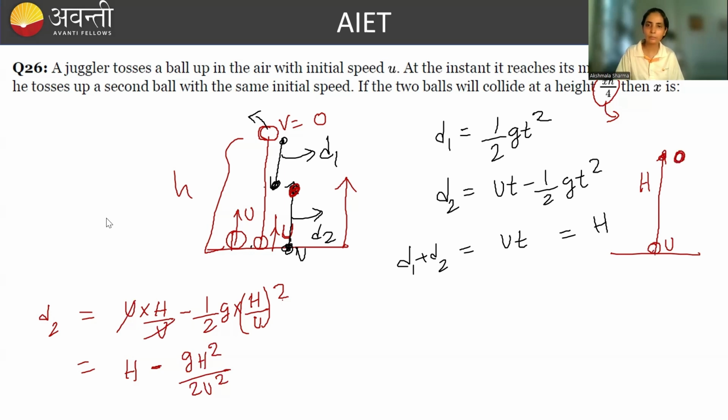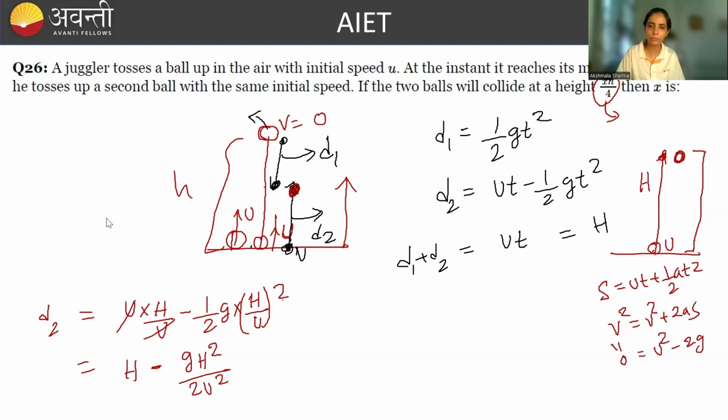If we use the equation of motion for this interval, s equals ut plus half a t square, we cannot get it, but we can use the third equation of motion, that is v square equals u square plus 2as. So final speed will become 0. Initial speed is u, so 0 equals u square minus 2gh. So h is u square by 2g. So u square is 2gh. Okay, it's fine now.